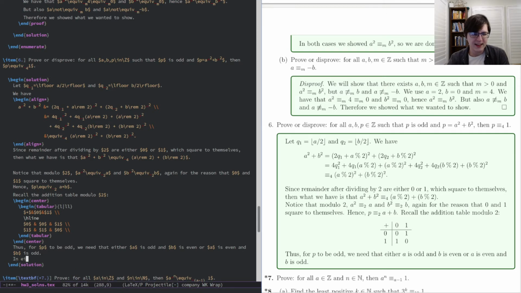We'll just say in either case, we have A remainder 2 plus B remainder 2 is equal to 1. And therefore, P is equal to A squared plus B squared. Well, P is equivalent to 1, since P equals A squared plus B squared.